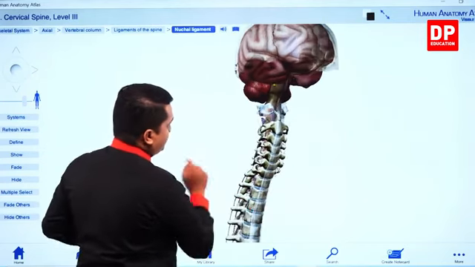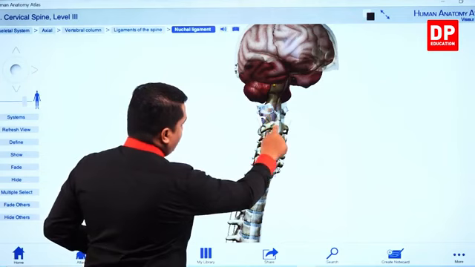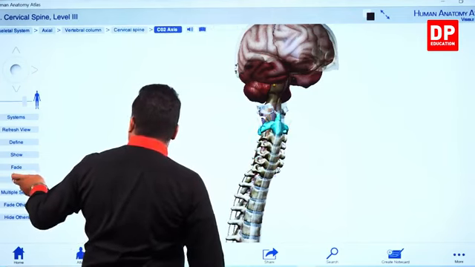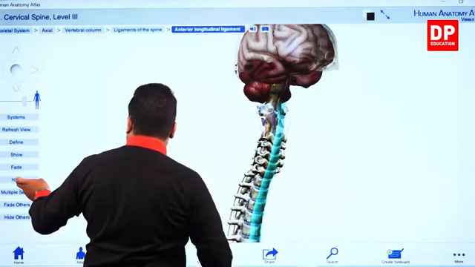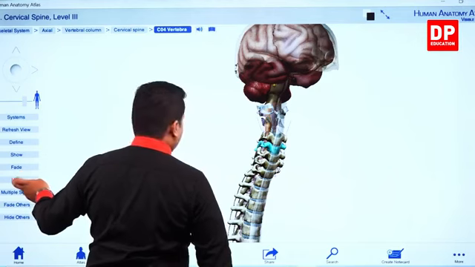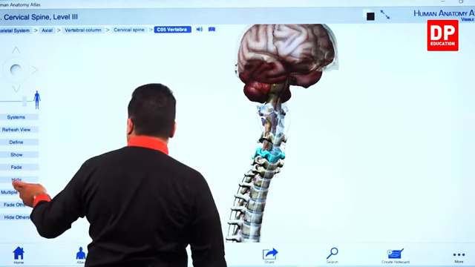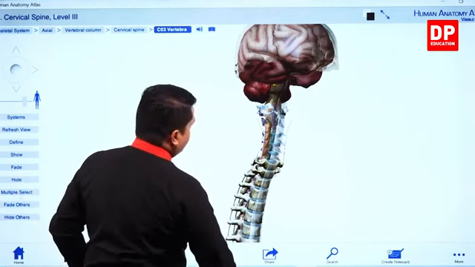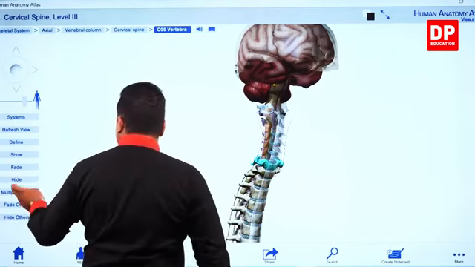The spine is protecting the spinal cord well. So I'm going to remove all of these spines one by one, so that you can see the spinal cord well.